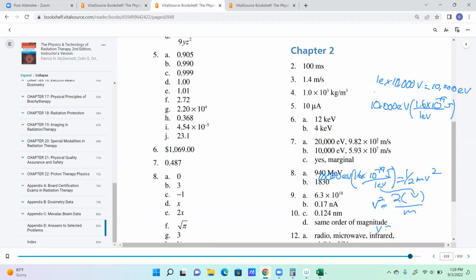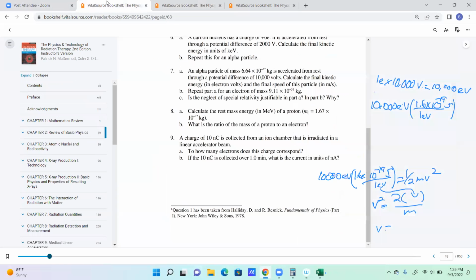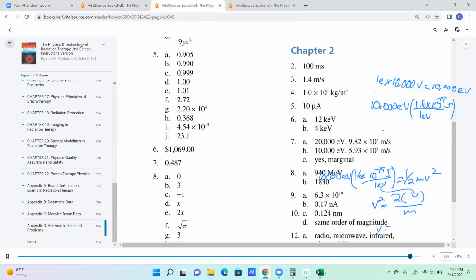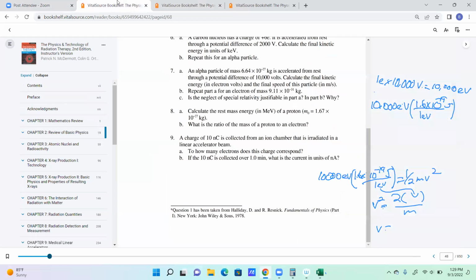When you start getting above 10%, that's when you really need to start including calculations for relativity. And that's what it's trying to say here: the speed of the second particle is getting above 10%, so you might want to start factoring that in. So that's what that's referring to.